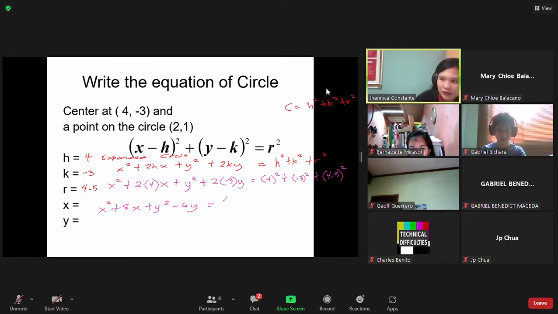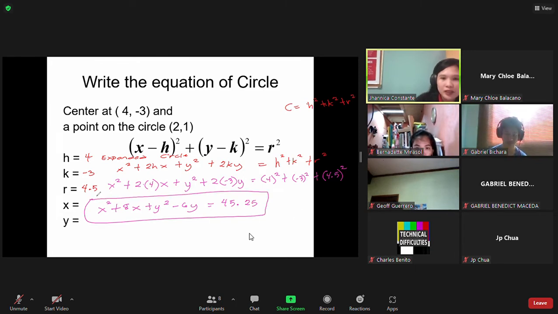So we have 45.25. So that is our expanded form of the equation.